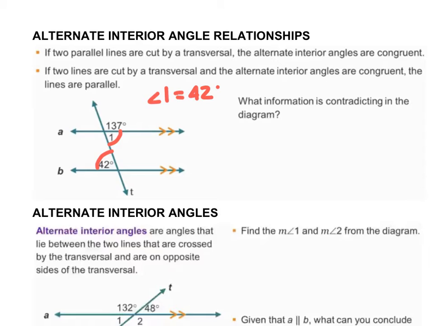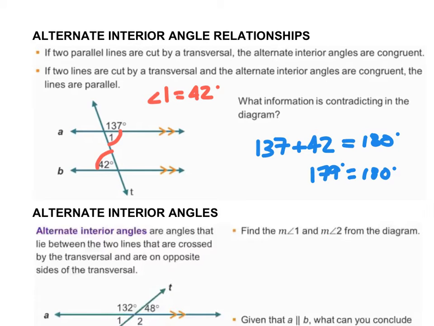Here's the thing: what information is contradicting in the diagram? Well, these two angles here are supplementary. They form a line, so these two angles should add up to 180 degrees. If I take 137 plus 42, that's actually going to give us 179 degrees, which is not equal to 180 degrees.